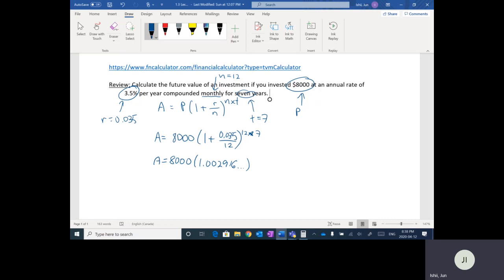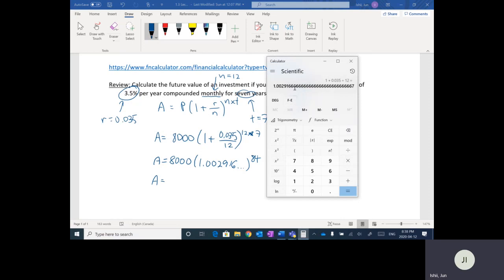Now up top here, 12 times 7, that is 84. Since I have that number in the calculator, I'm just going to raise it to the 84th power, and then multiply it by 8,000.